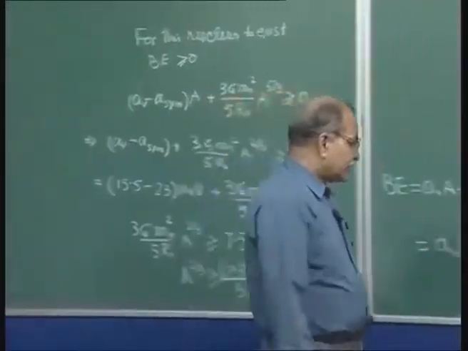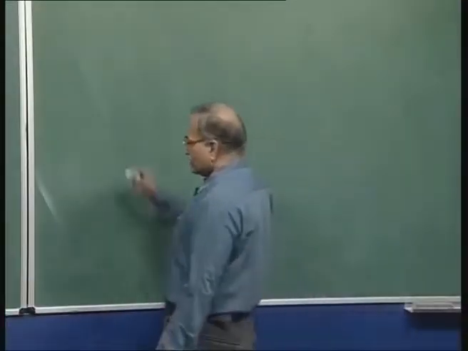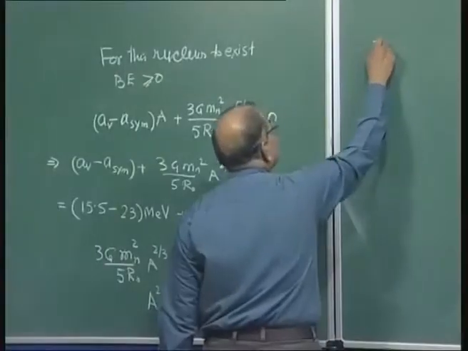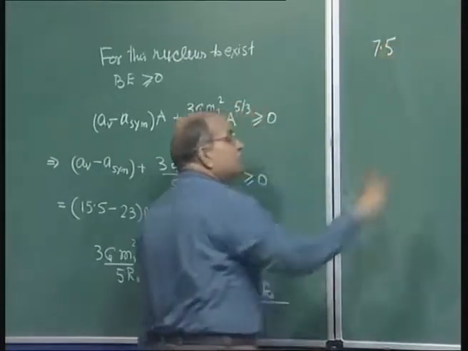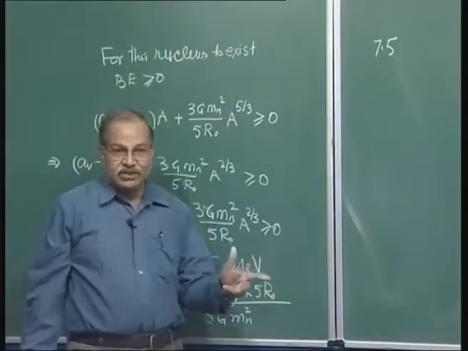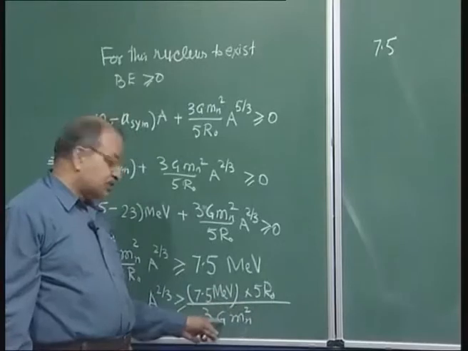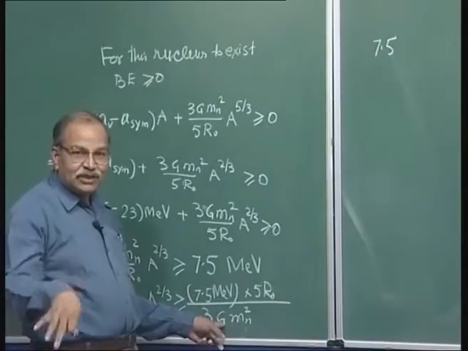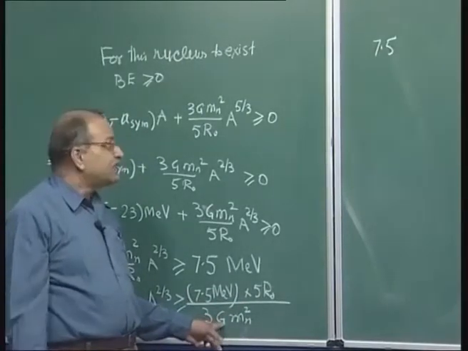Now, let me put in more numbers. Let me do everything in SI units. We have to put this capital G, which I know in SI units better. So, let us do everything in SI units.